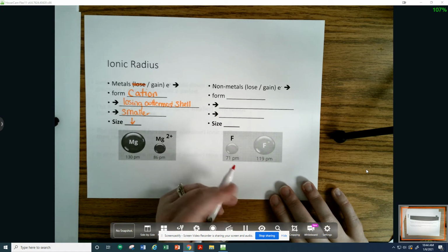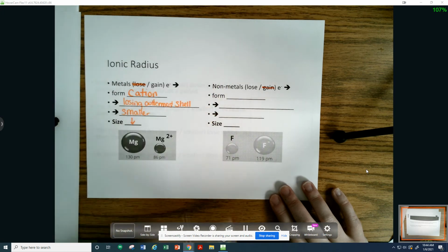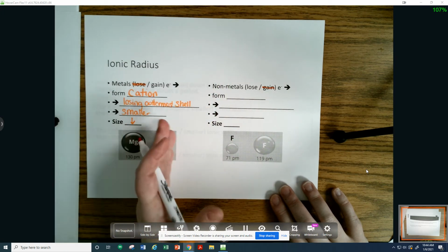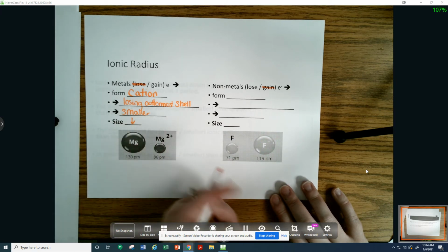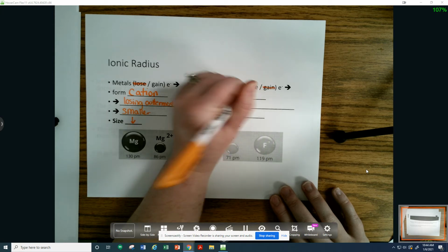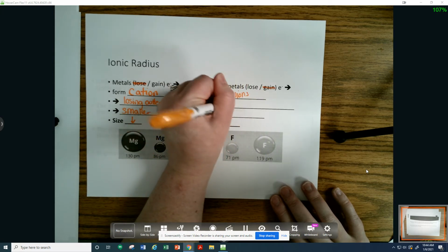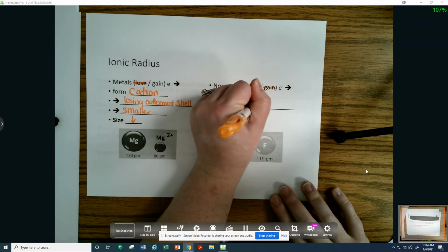On the flip side, nonmetals, remember, like to gain electrons because they typically have 4, 5, 6, or 7 valence electrons, so it's easier to gain to fill those shells, and we call those anions. The electrons are now going to repel in the outermost shell.